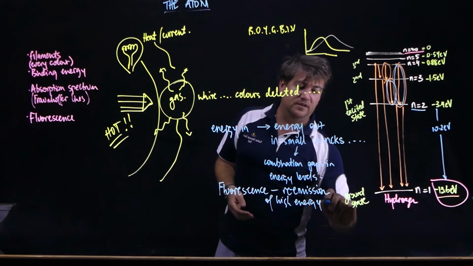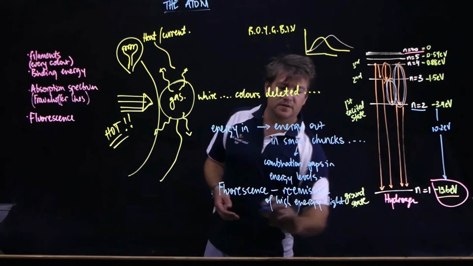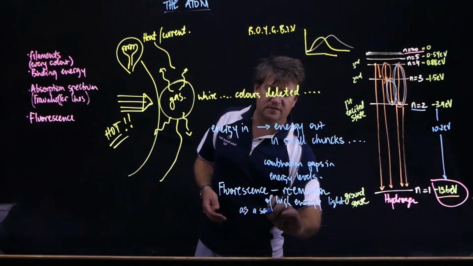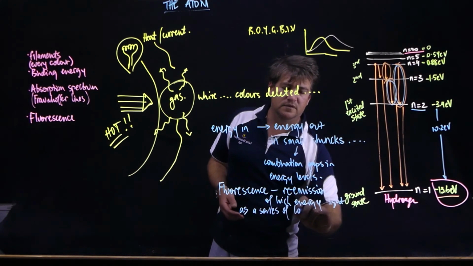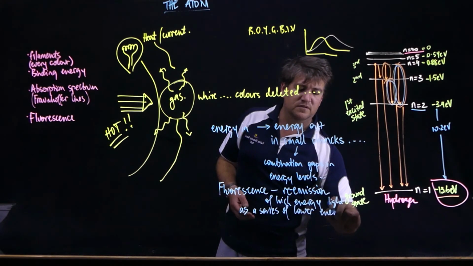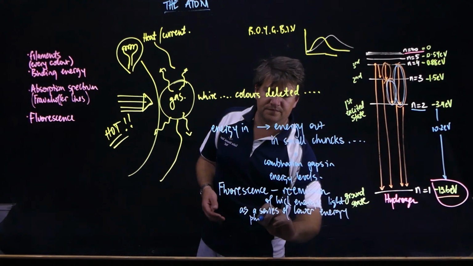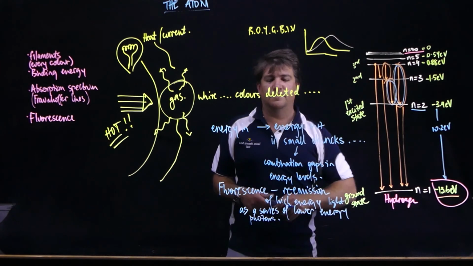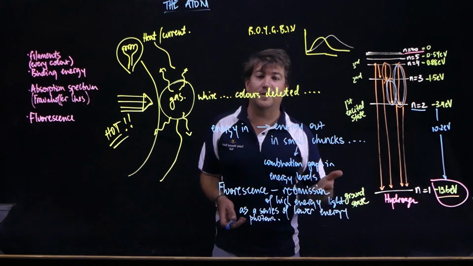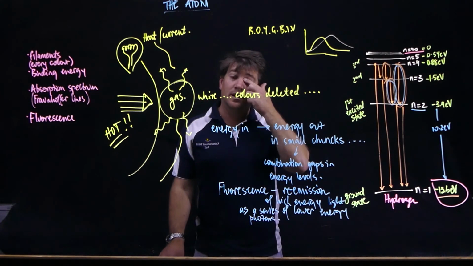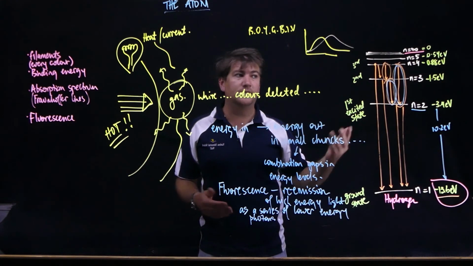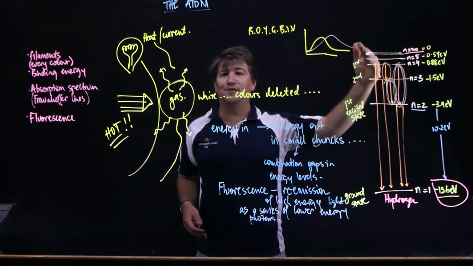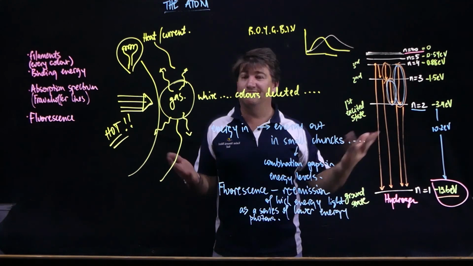So high energy light as a series of lower energy photons. So we still got the same amount of energy out, we just got smaller chunks. And very usefully, if that's a word, those smaller chunks are actually visible to us, so we can light stuff up.